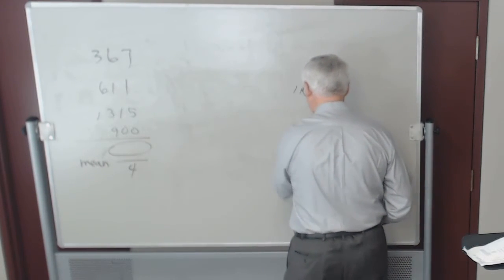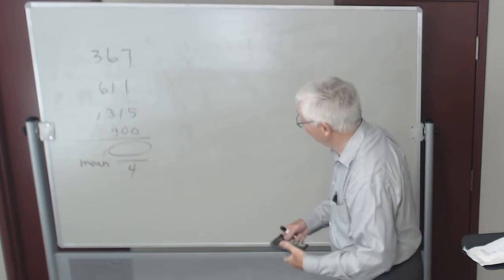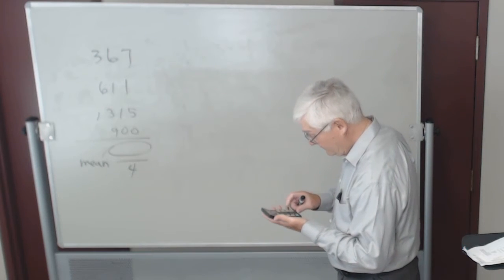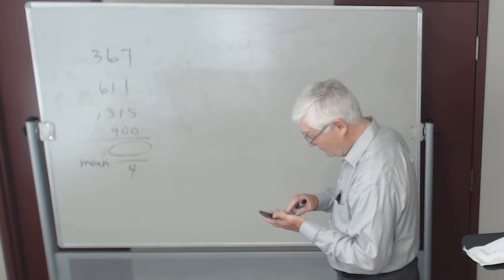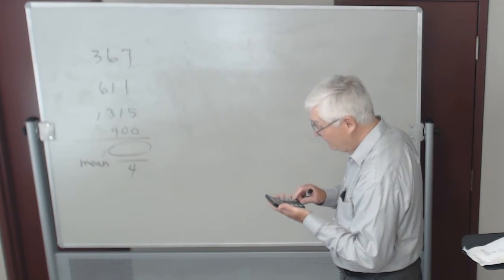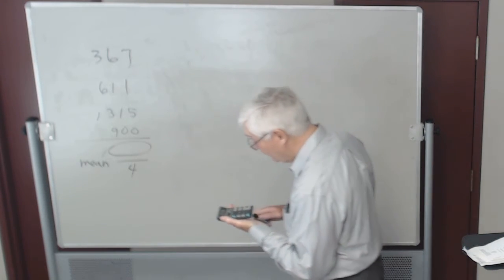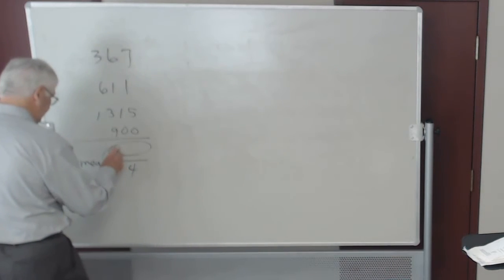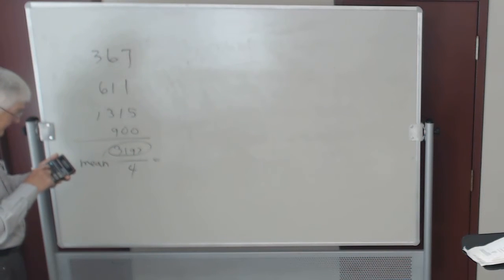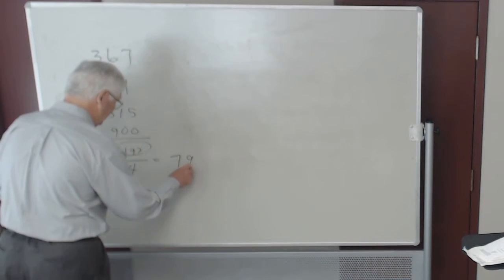Maybe we better do this one. Let's get our calculator. Turn it on. 367 plus 611 plus 1315 plus 900 is 3193, divided by 4 equals 798.